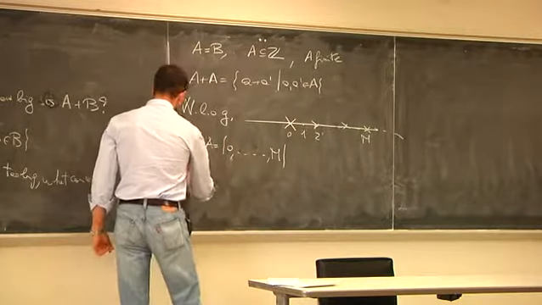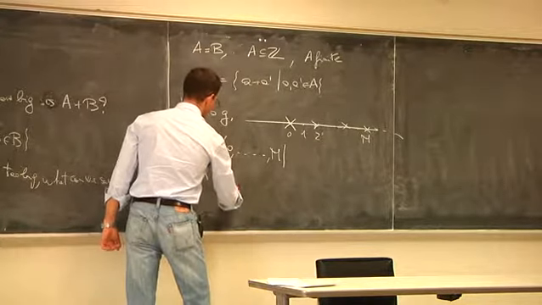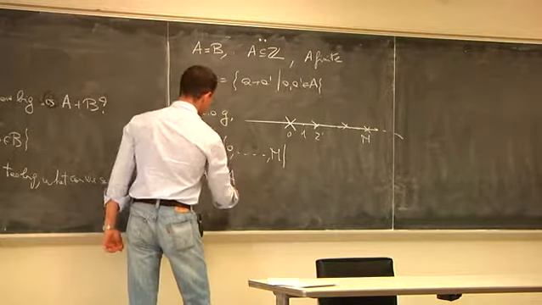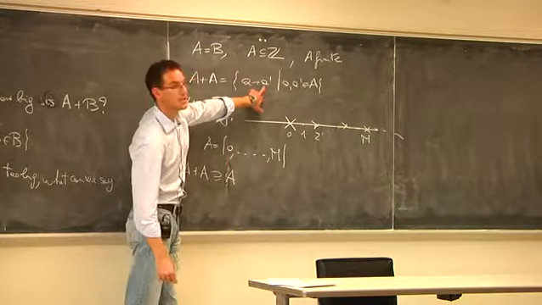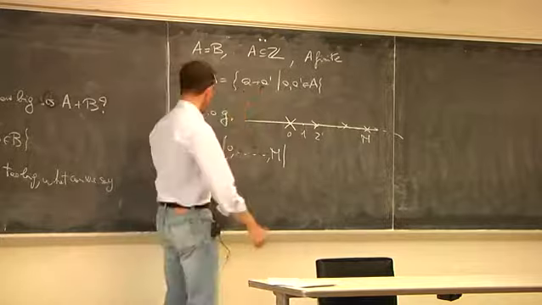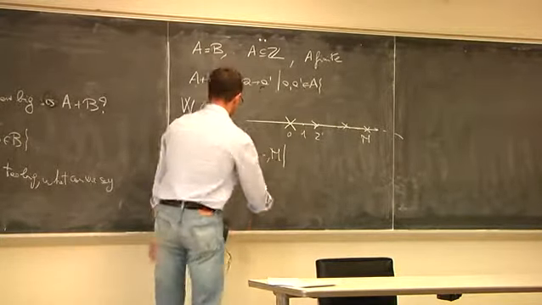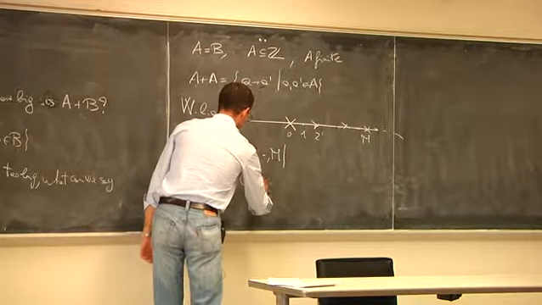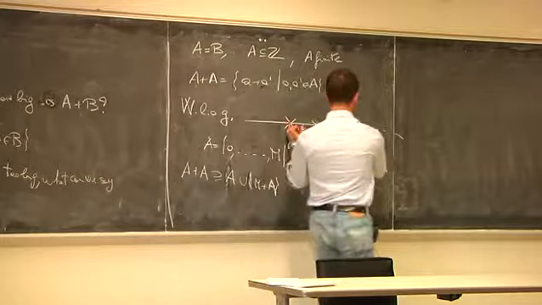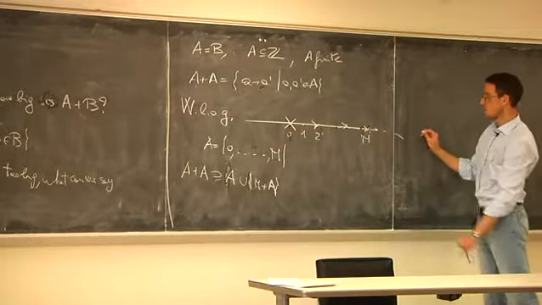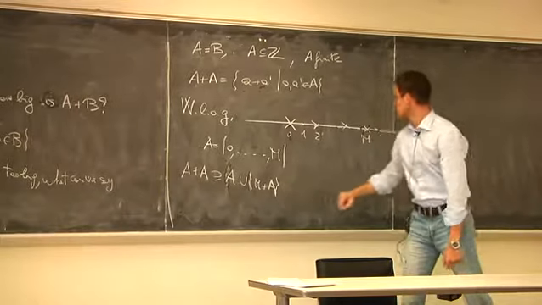So you see that A plus A is going to contain, for sure, A itself, because for every element, you can take A prime equals 0. So when you do the sum with 0, you get A itself. Union, when you take the largest one, you get the set M plus A. So you take A and you translate it by M. So you get a second copy of A here, which is going to go up to 2M.